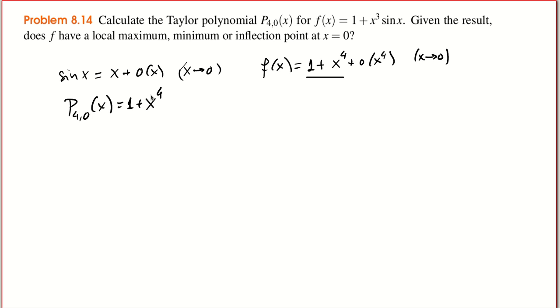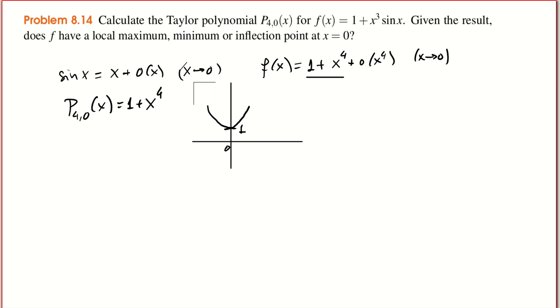Now, can we conclude anything from this about whether f has a local maximum, minimum, or inflection point at x equal to 0? The answer is yes, because this is telling you what is the local behavior of this function around 0. What this is telling you is that the function near 0 behaves like this. It's almost parabolic. This point is 1 because at x equal to 0, this is 1. It is symmetric, all right?